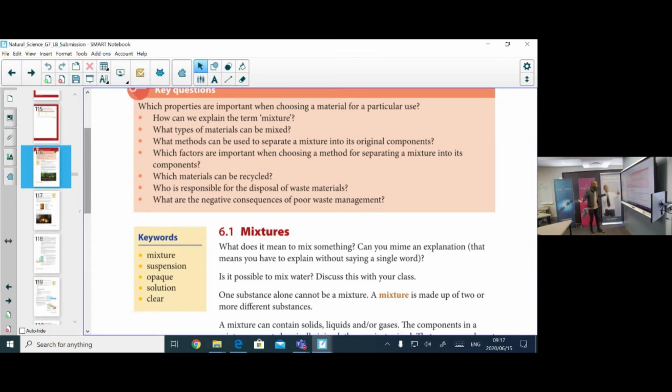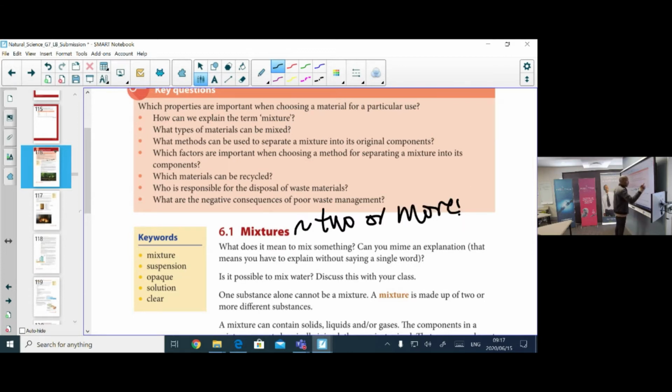We're going to take salt, and we're going to take water, and when we mix these together, we form a mixture. Two or more substances coming together form a mixture, right?